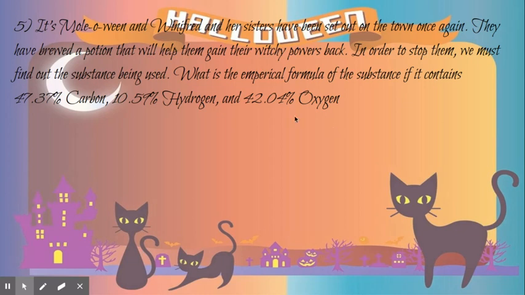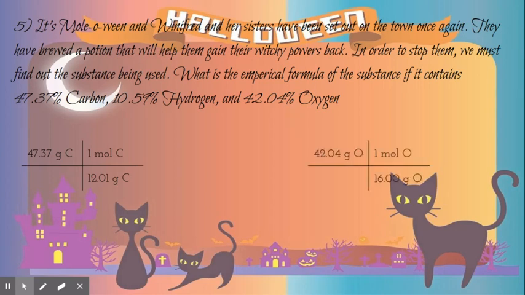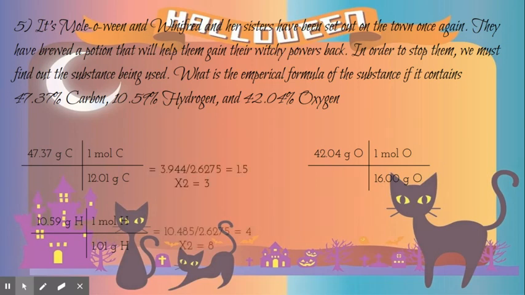So like the last problem, we're going to bring percent to grams, grams to moles. We're going to do that for each individual one. And then from there, we divide by the smallest. And then in this case, actually, you end up with 1.5 for carbon.